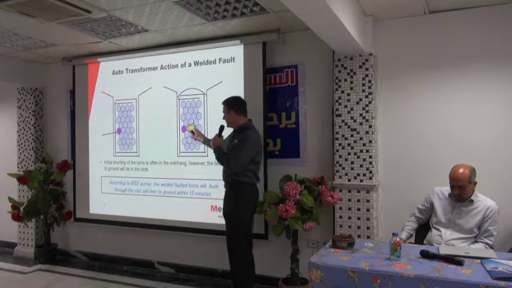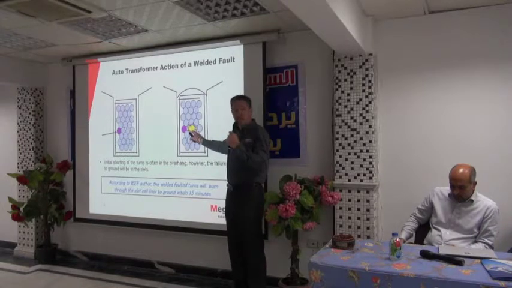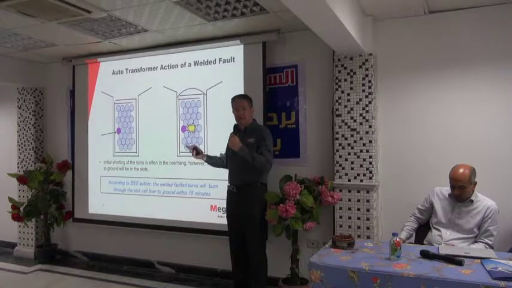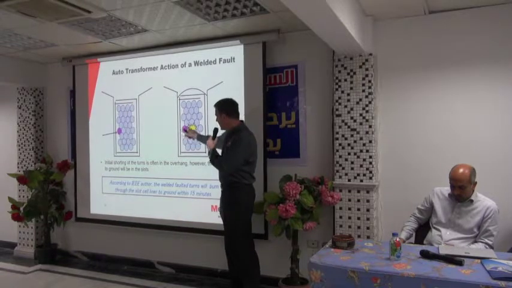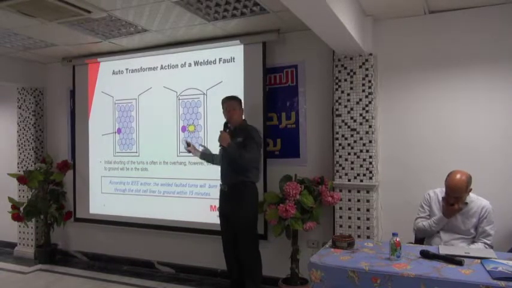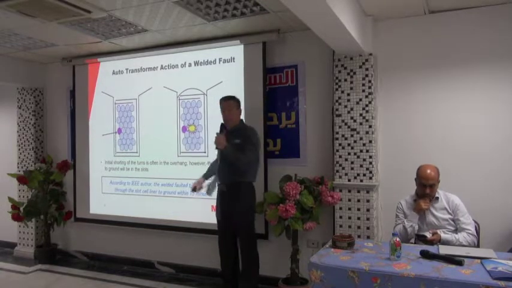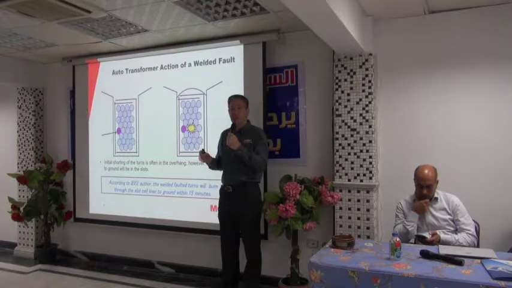So you induce very, very high current here, and the high current means heat. Heat will burn away the insulation around the fault area, and eventually it will burn the slot paper. And when the slot paper burns, you have a fault to ground.